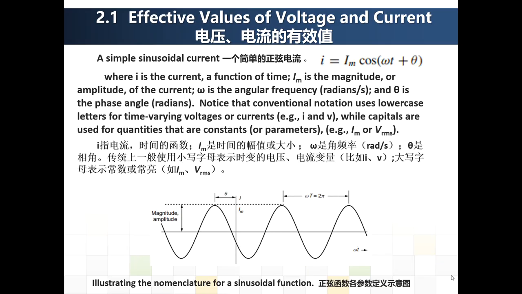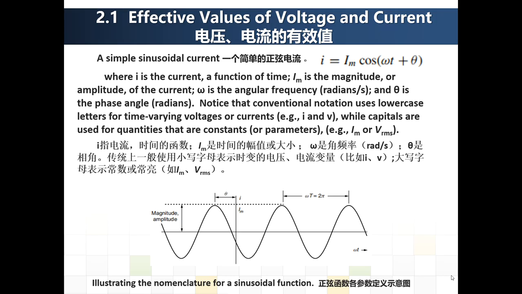Section 2.1, effective value of voltage and current. A sinusoidal current can be represented as lowercase i, the instantaneous value of current, which is equal to Im multiplied by cosine of omega t plus theta.